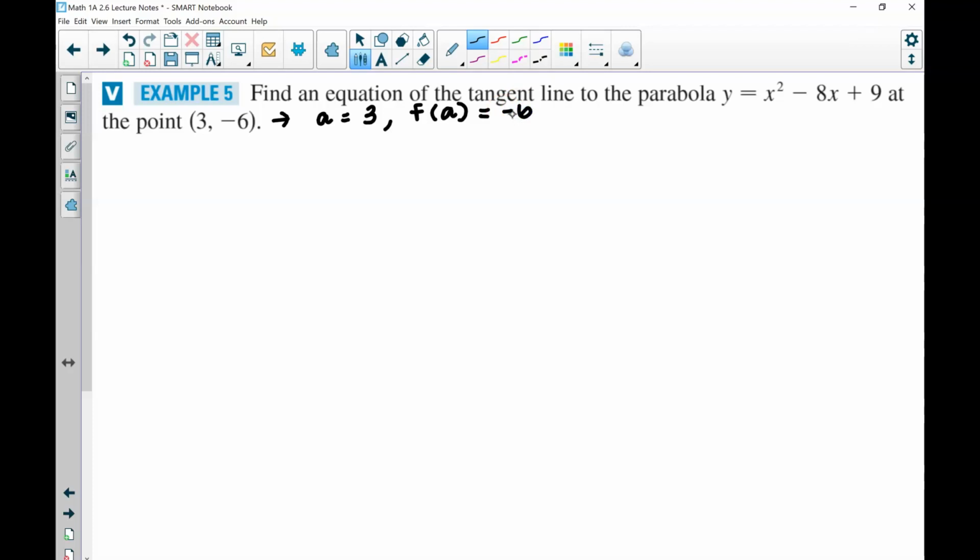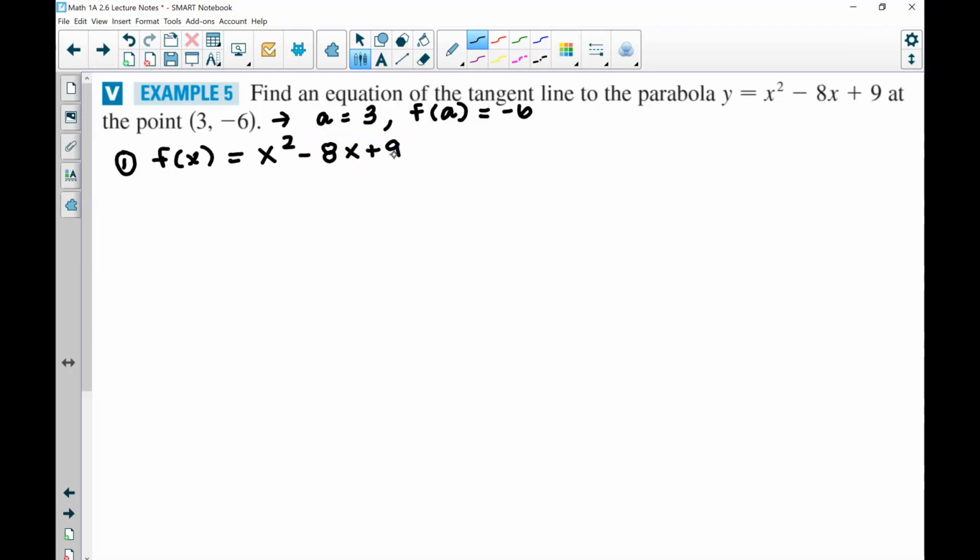So we're going to use that function f of x, which is equal to x squared minus 8x plus 9.